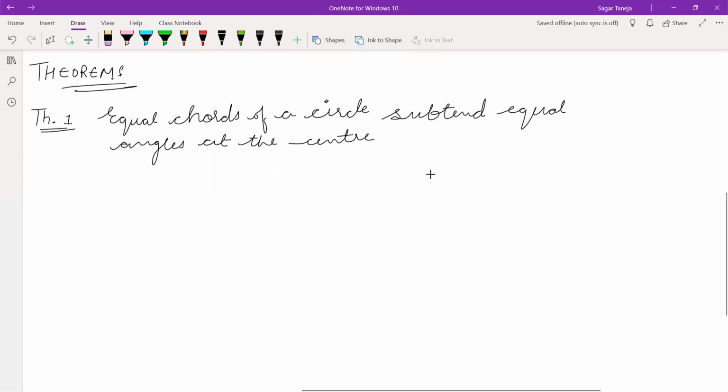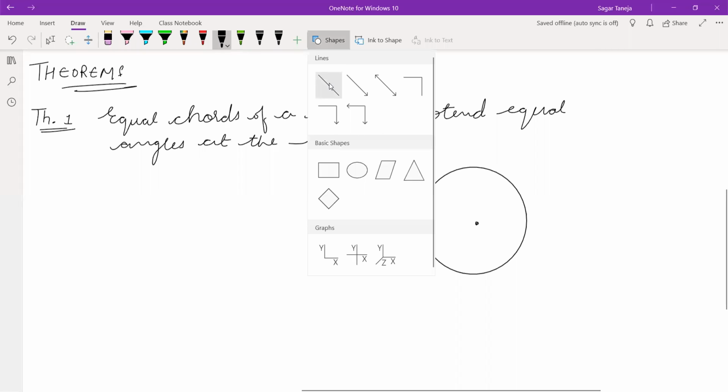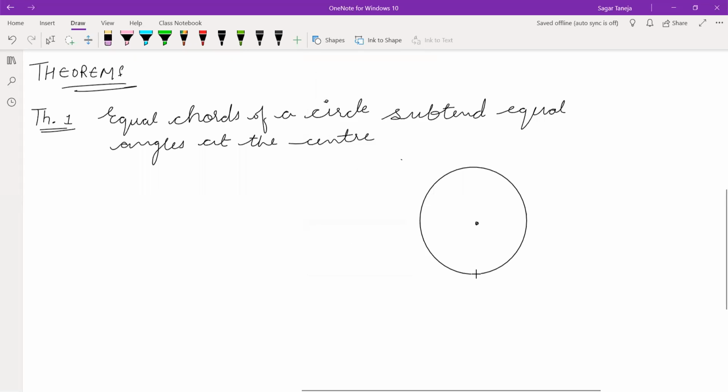Then let me make the circle. Equal chords of a circle subtend equal angles at the center. So I'm making two equal chords. One is this.